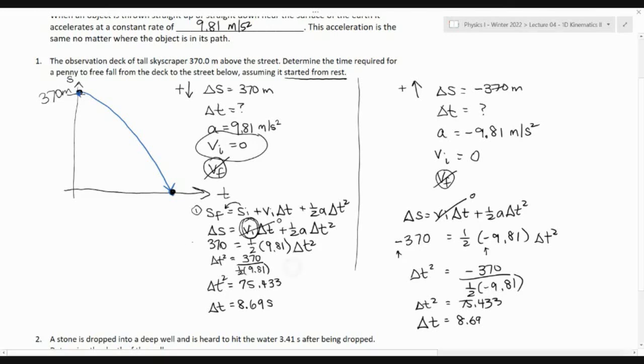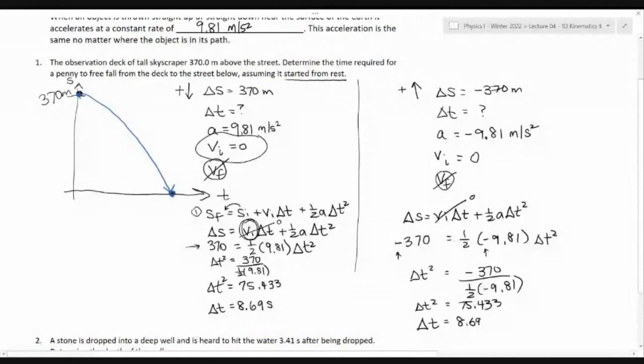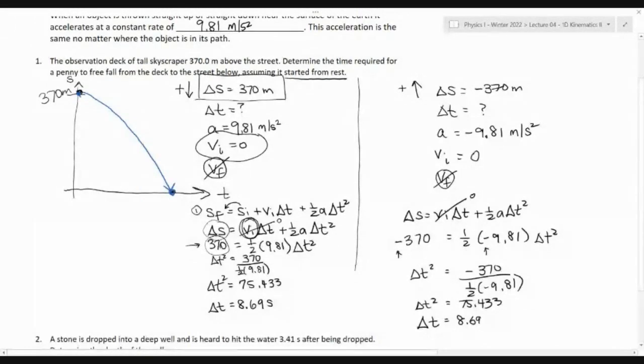So all I did was I replaced delta s with 370 because 370 is my delta s, right? And then I rearranged the equation to solve for delta t squared. Oh, okay. So that's why you end up dividing. I rearranged the equation to find the delta t squared and then square rooted it to get delta t.